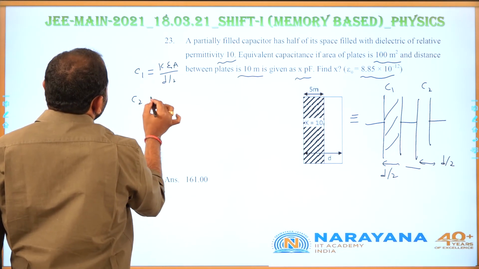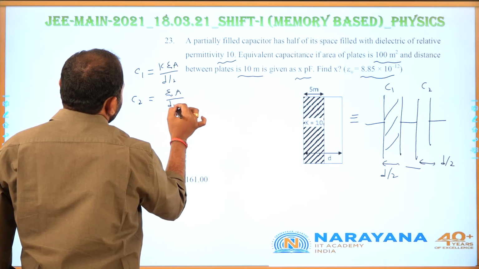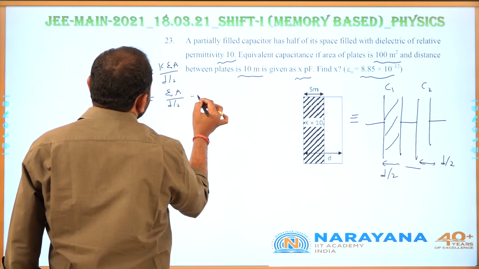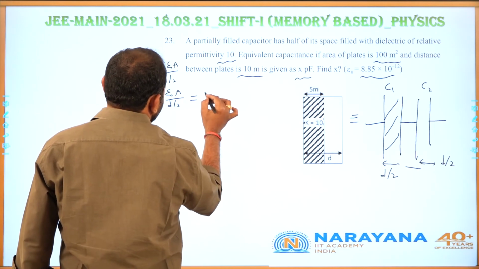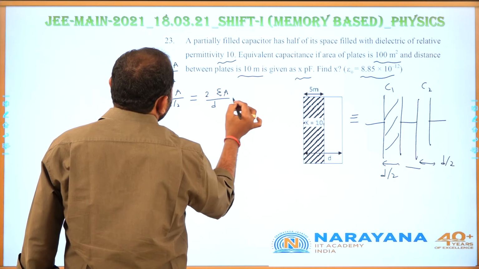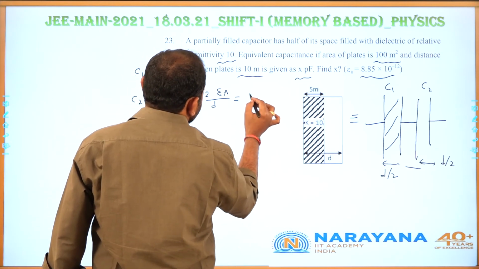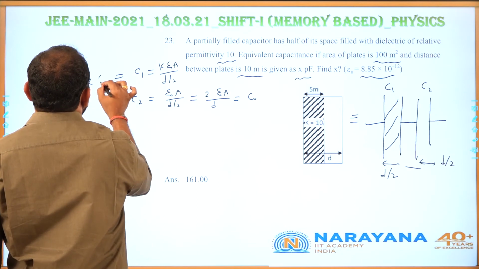Similarly, C2 can be written as epsilon naught A by d by 2. Let us assume 2 times of epsilon naught A by d as a constant, let us assume this as some C naught. Then C1 will be equal to K times of C naught.